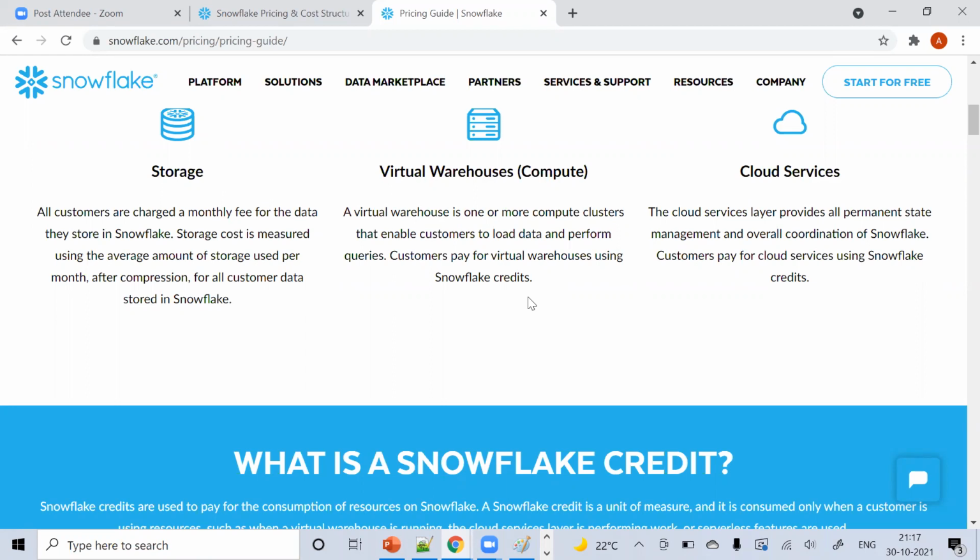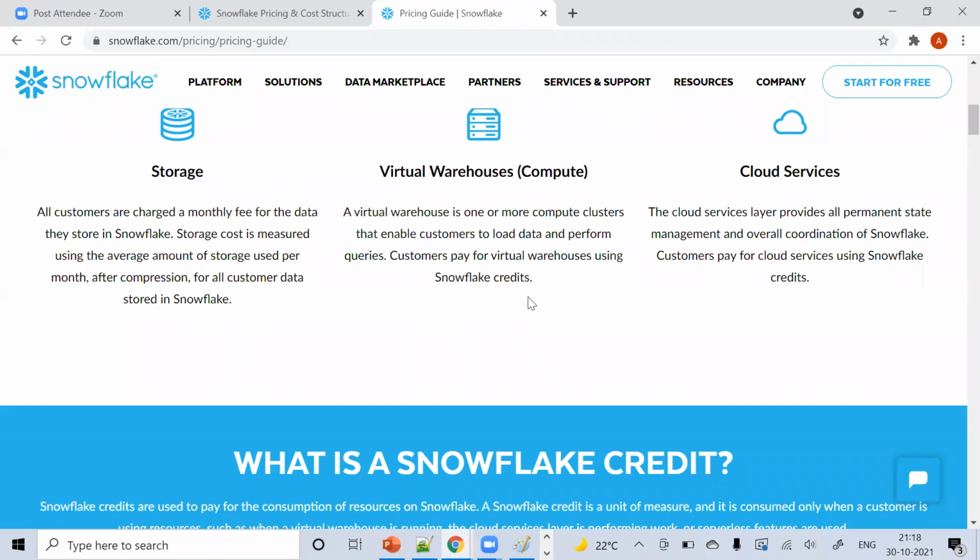See, ultimately it will depend on the time taken by the query or loading process that you are doing, right? Because it is the work that defines the usage of virtual warehouse. It's not that, okay, you have kept it on for some time and you're not doing anything on that. If you are doing some processing on it, how much time that processing takes, obviously that amount of time your compute will be used.